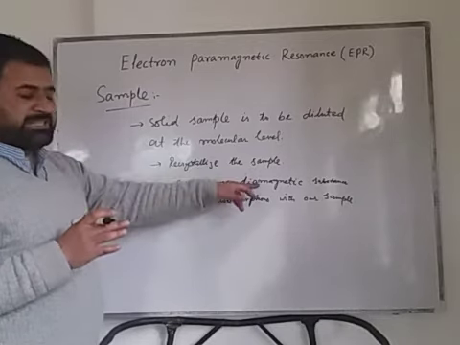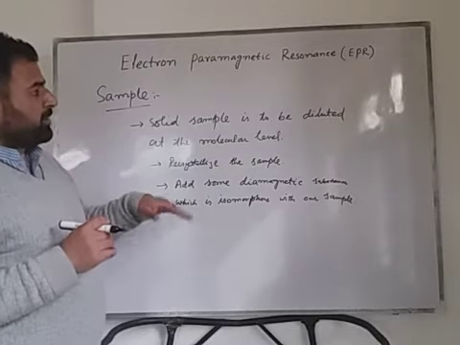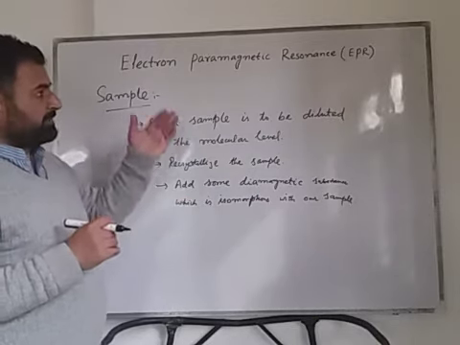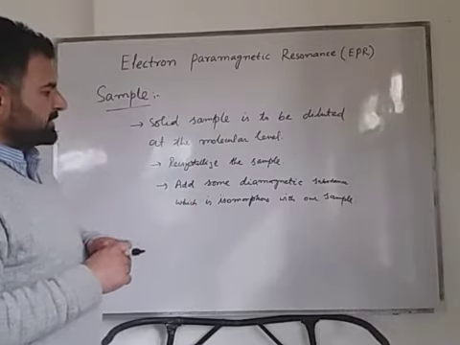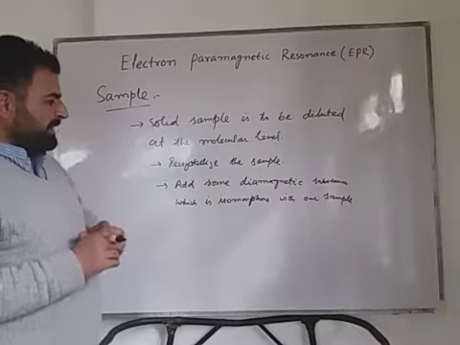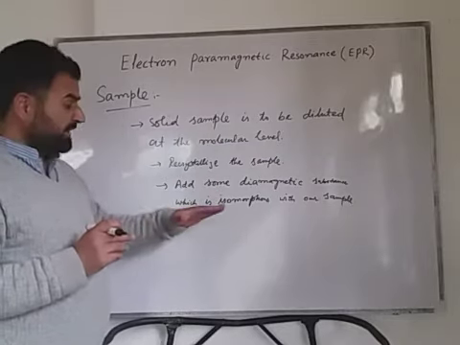It should be diamagnetic so that it will not interfere with the magnetic properties of our sample of interest. And it should also be isomorphous.